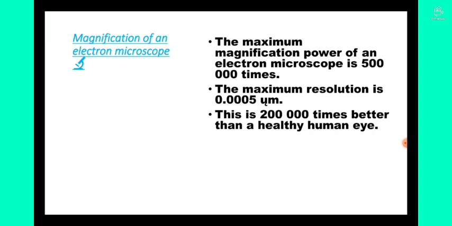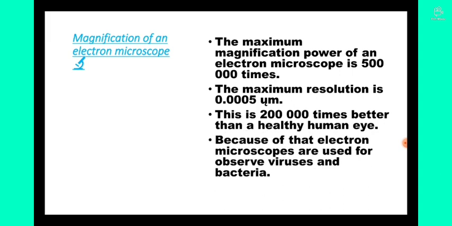Yes, so it is millimeters. So this is 200 to 200,000 times better than a healthy human eye. I think you can understand that.